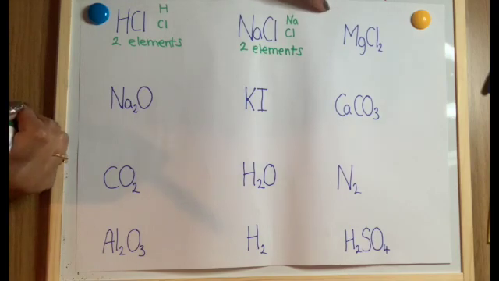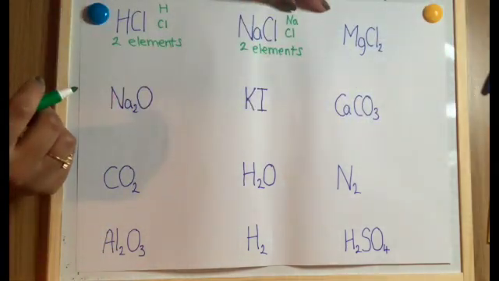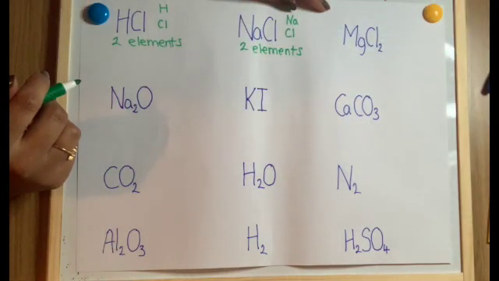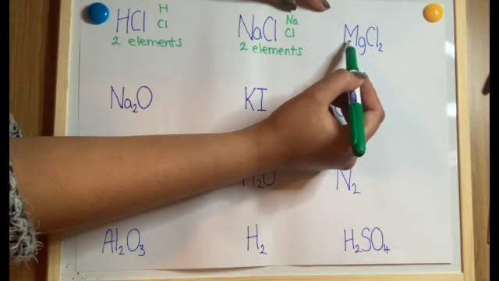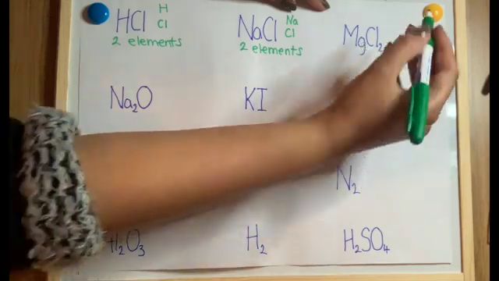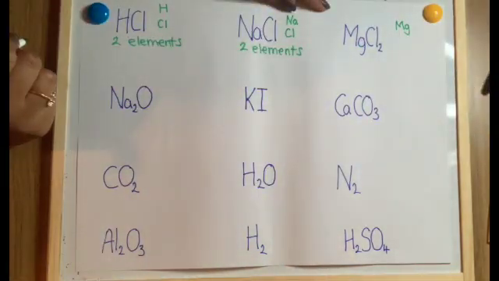Then if I have a look at my third molecule here, now this one is a little bit more tricky because it's got a number in it. Now what this means is I've got my M with a lowercase g, so Mg is one element.